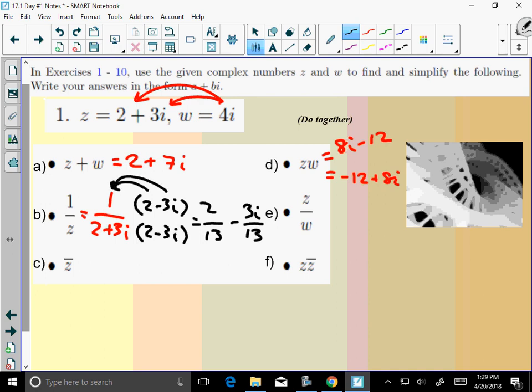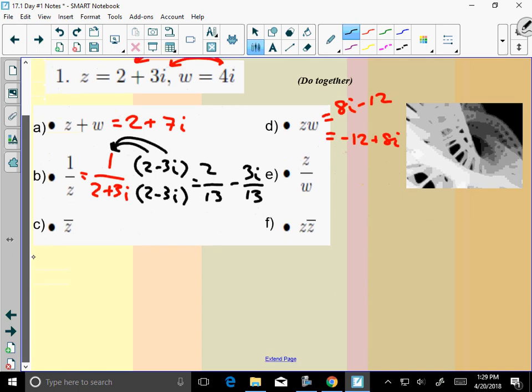Okay, then there's a notation issue that you need to be aware of. What in the world is that? Huh? A line just means conjugate. A line over the top means conjugate. So if z equaled 2 plus 3i, then z with a bar over it is 2 minus 3i. That's it. That's just short notation for the conjugate. So if I put a line over the top of a complex number, that means you're going to turn it into its conjugate.